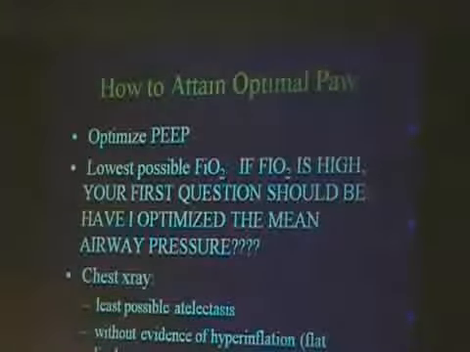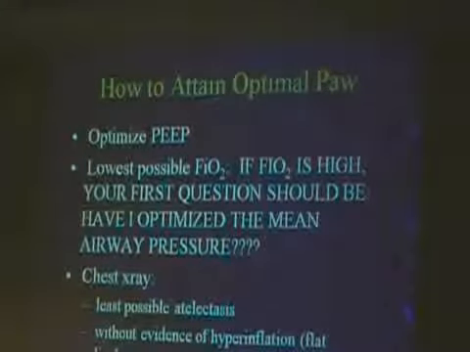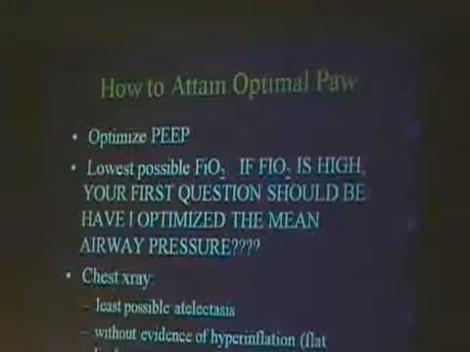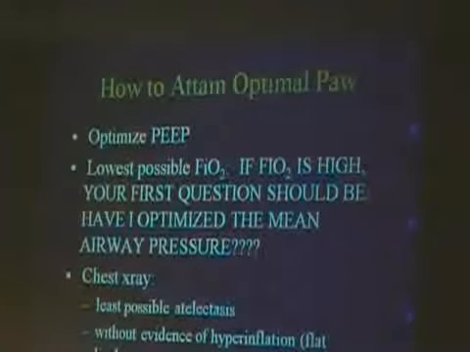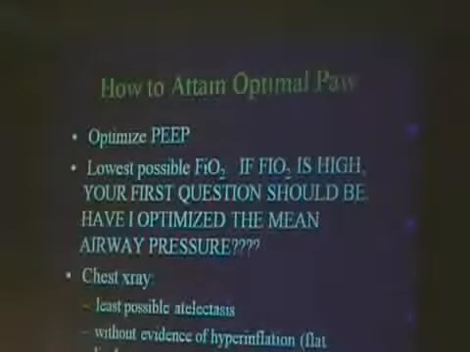And sometimes you have to play around with it. Sometimes you say, oh, well, I've got a little bit of atelectasis here, I'm not really sure. Let me try going up on my mean airway pressure. And if that's the right thing to do, what's going to happen to your FiO2? It's going to go down. All right? And when I sit at the bedside and I'm playing around with the ventilator, that's a lot of times what I'm doing. I'm trying to optimize the mean airway pressure by going up or going down and seeing what happens to the oxygenation.